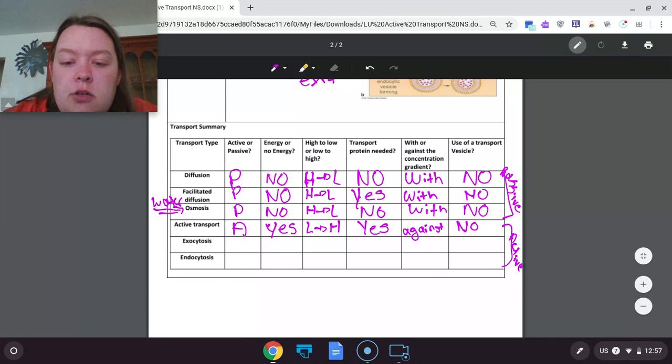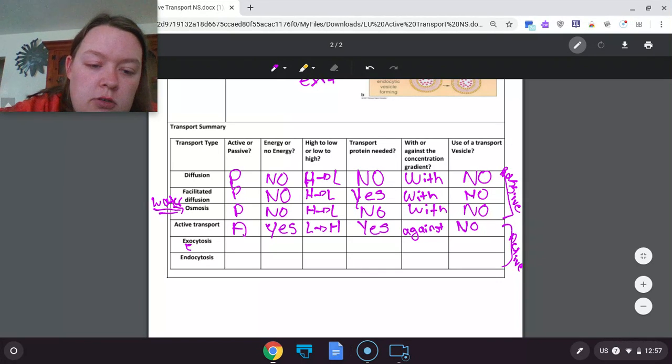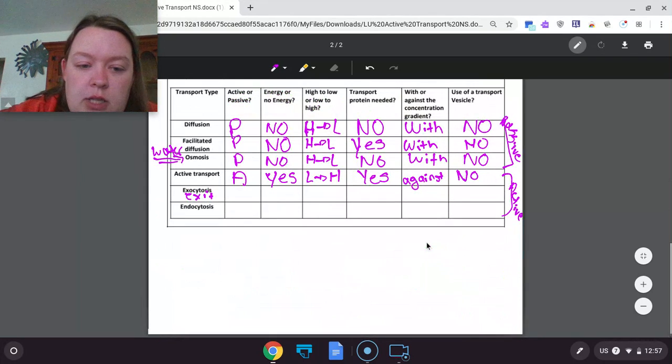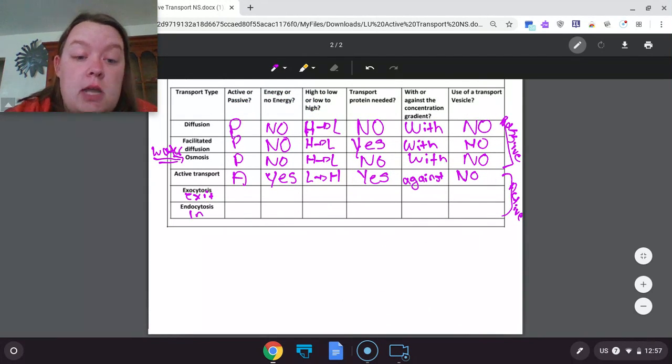Endo and exocytosis, for the chart purpose, are going to be the same. The only difference is exocytosis is taking things out. Endocytosis is going to be bringing things in. But for the purpose of the chart, they're both the same. They're both active. Since they are active, they do require energy. Things are moving from low to high.